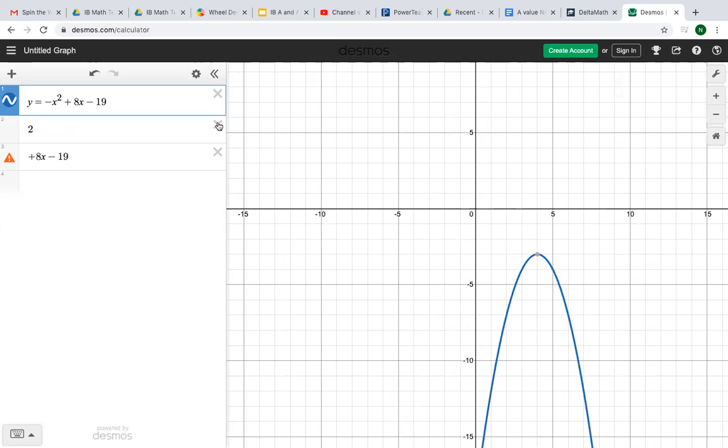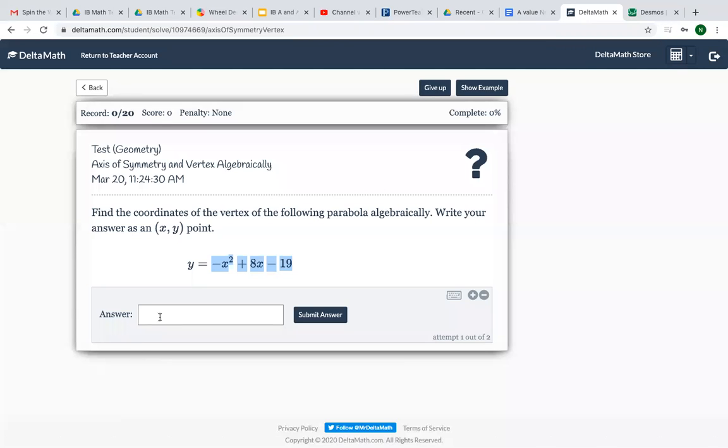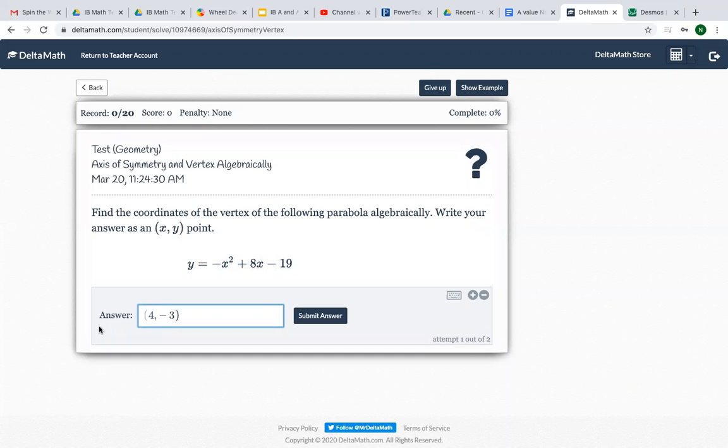The question is asking for the vertex, and I know my vertex is the point at the bottom or the top of the parabola. When I roll my mouse over it, it tells me the point is 4, negative 3. So I would have 4, comma, negative 3.